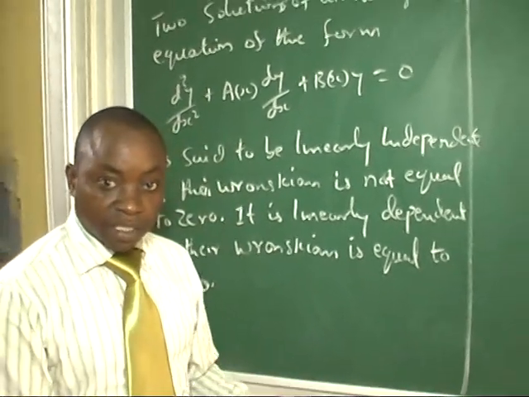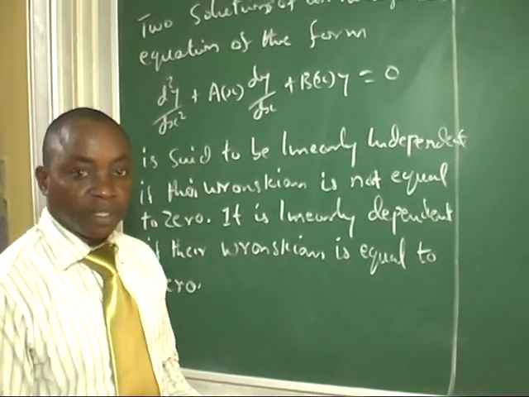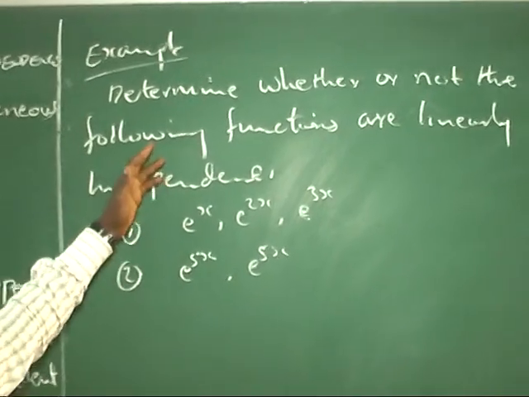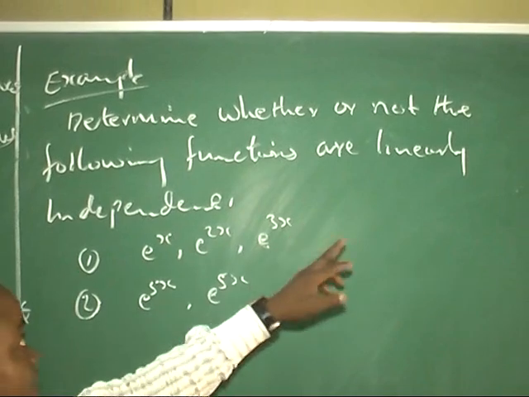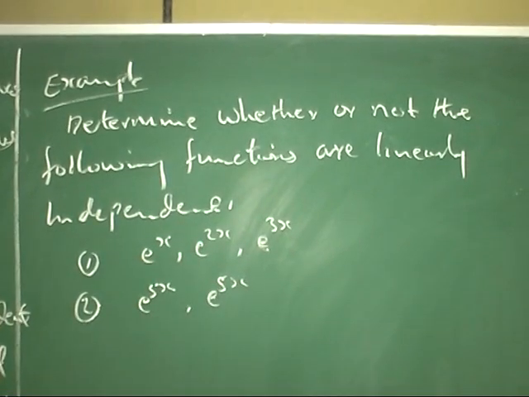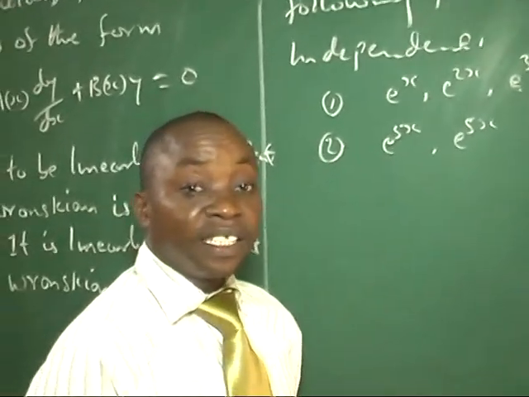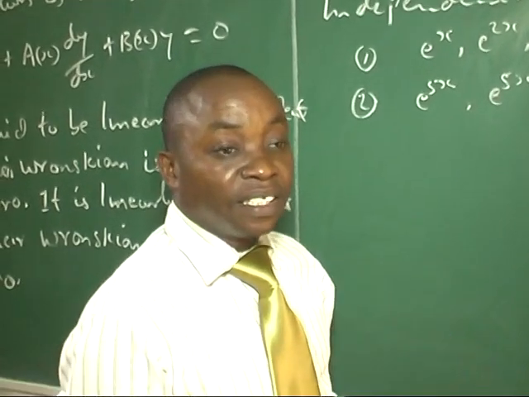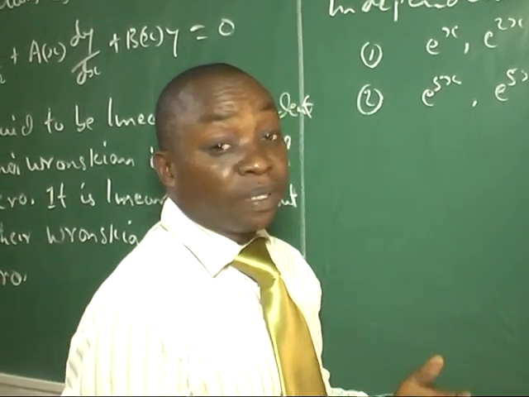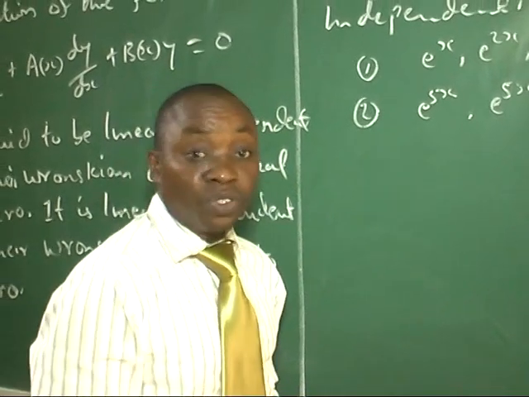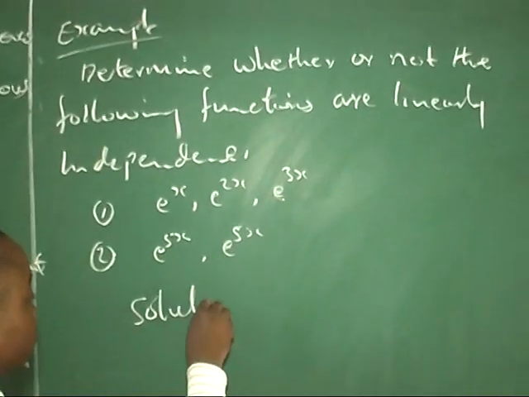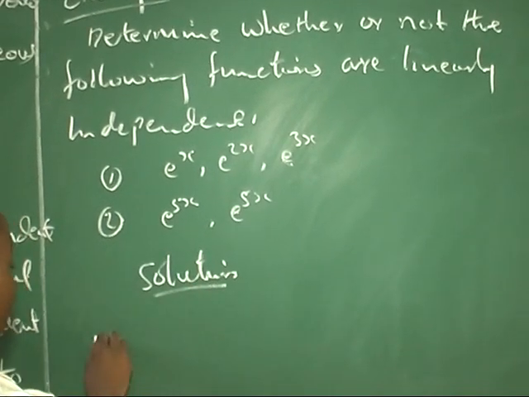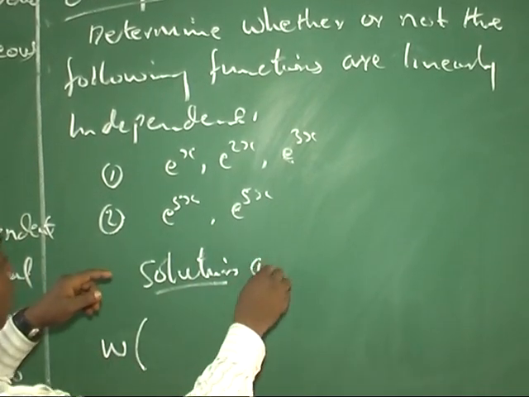Alright. Now let's take an example so that we will see how it works. The example is: determine whether or not the following functions are linearly independent. For us to know whether they are linearly independent or linearly dependent, we have to use the Wronskian. Now, solution. First, we take the Wronskian, that is number 1.